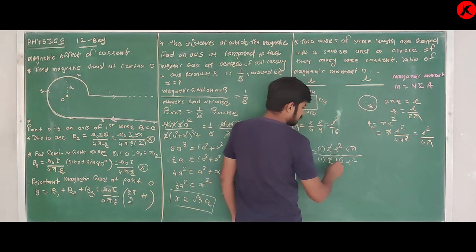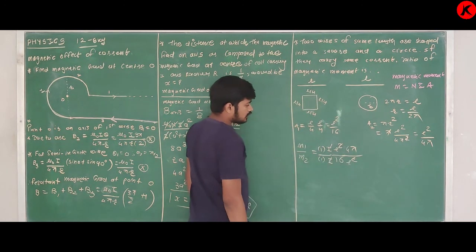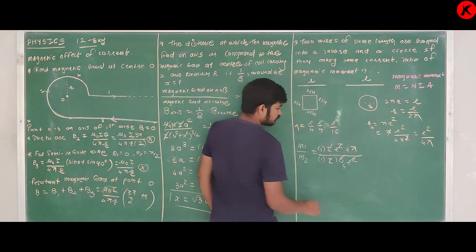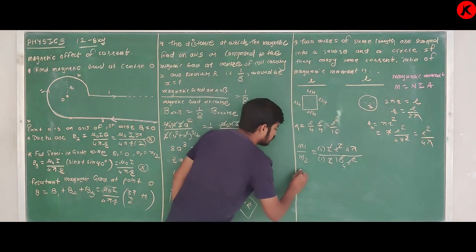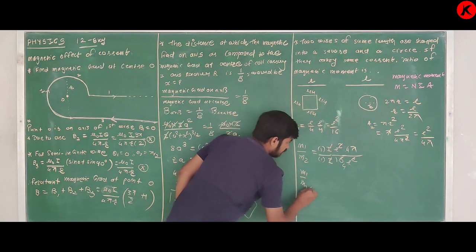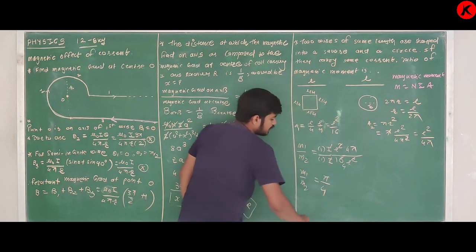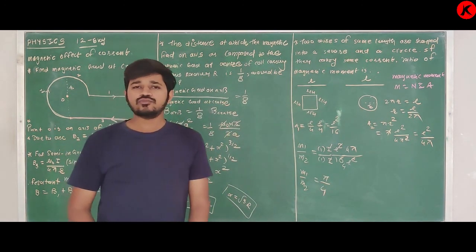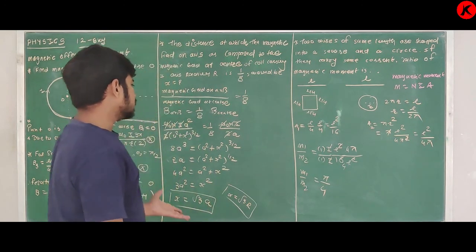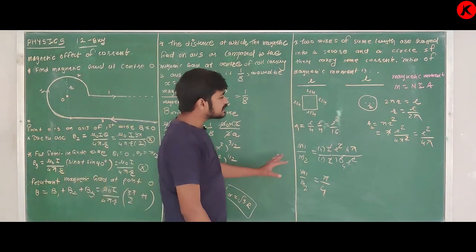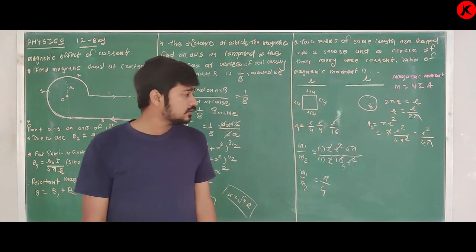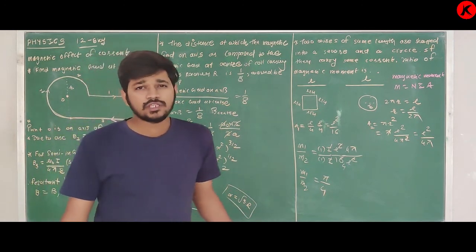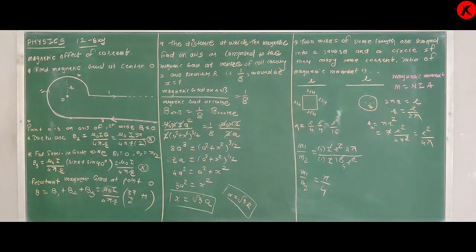So I cut, L square cut, and 4 cut, so M1 upon M2 is equal to pi is to 4. Simple. It is a simple question, you just need to know how to solve this question and the equations. Next questions now.